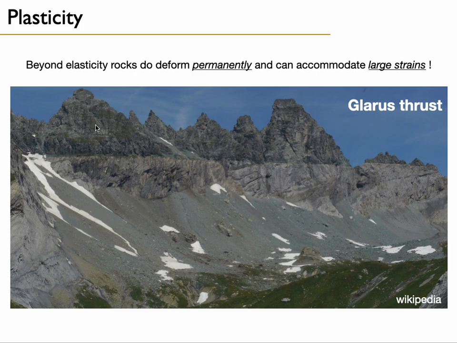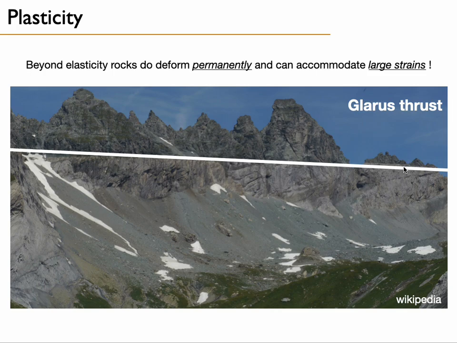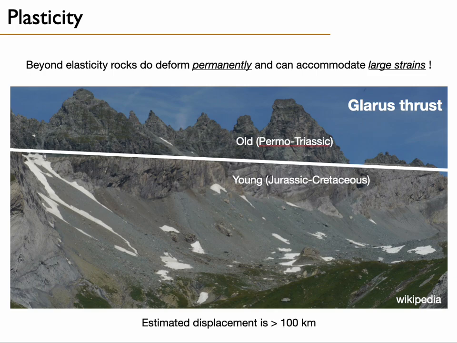So you see 2 different colors of rock, and in between there is a sharp boundary. This is a fault. On top you have old Permo-Triassic rocks, and below you have younger Jurassic and Cretaceous rocks. So these rocks have been brought up on top of the younger ones.